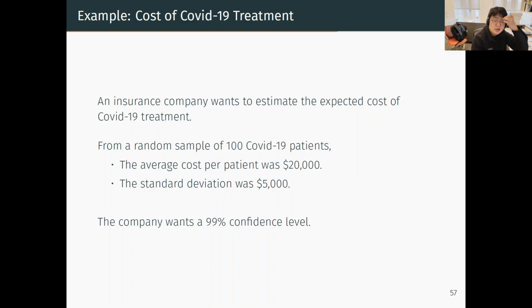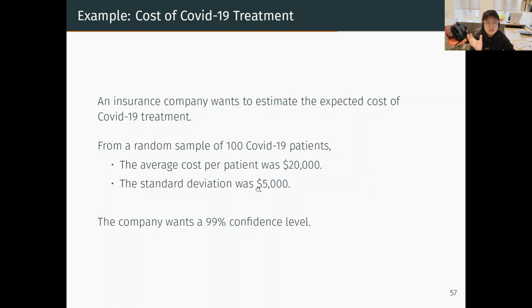Based on the 100, what is observed is a sample average of $20,000, and the standard deviation was $5,000. Okay, so this is based on only 100 samples. But what we want to know is the population, every COVID-19 patient in the world, right? That is impossible, so we are going to use the 100 samples to make a guess about the population, right?